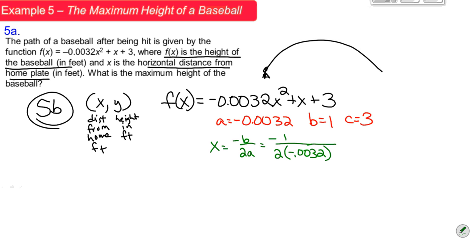So x is equal to 156.25 feet. Make sure that's what you get when you do that problem, and ask me in class if you're unsure.